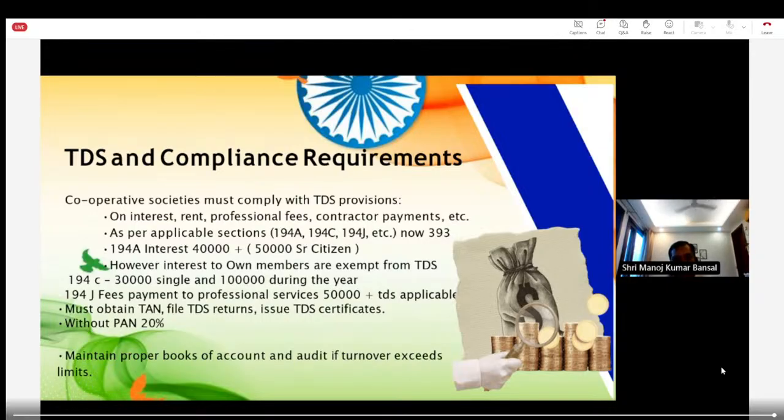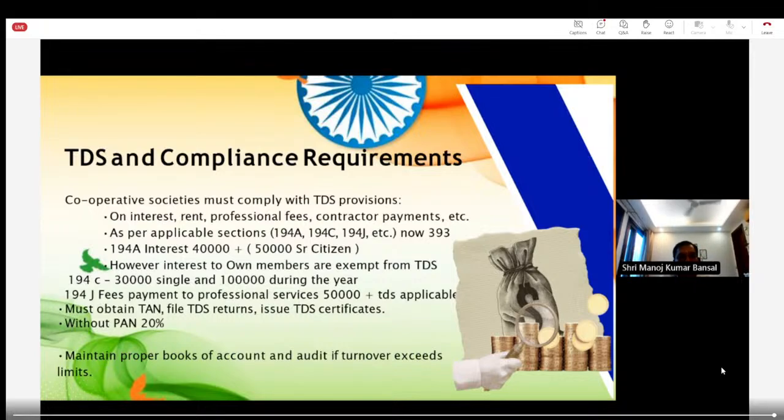Means if we are running in August, whatever the transactions are done during the August month need to be deposited by 7th of September.